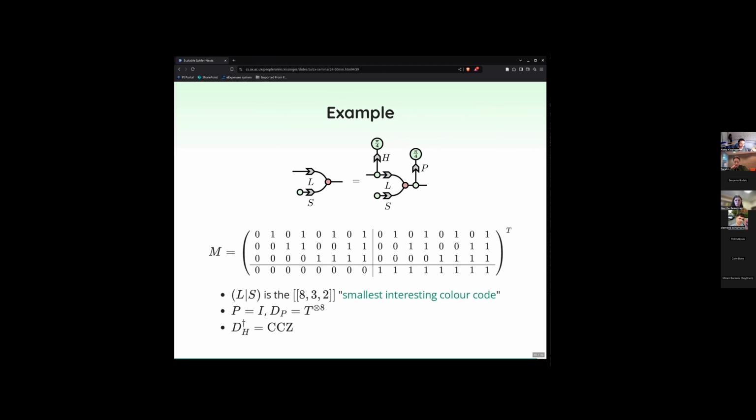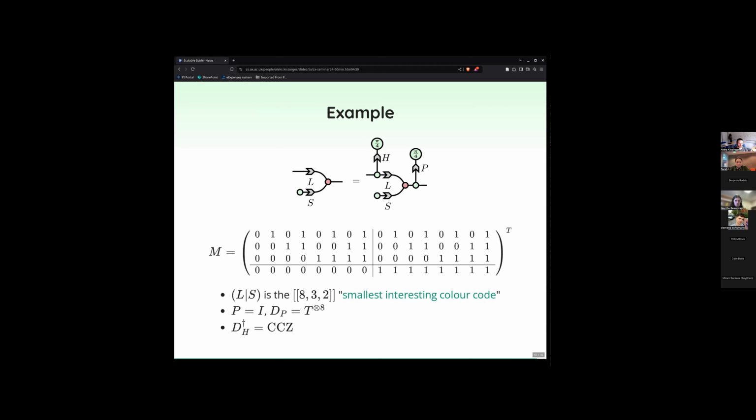Here's another example. So this is what's called the smallest interesting color code, as popularized by this blog by Earl Campbell. And again, you can write down this M matrix, and I'm reading off the various parts of it. Again, P equals the identity, so that means doing a T gate on every physical qubit.